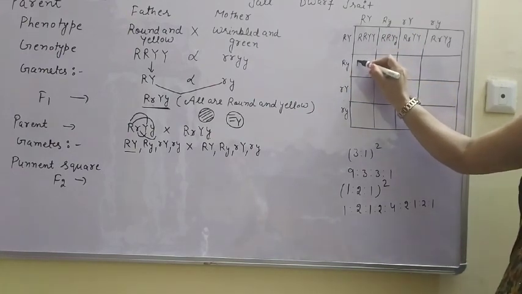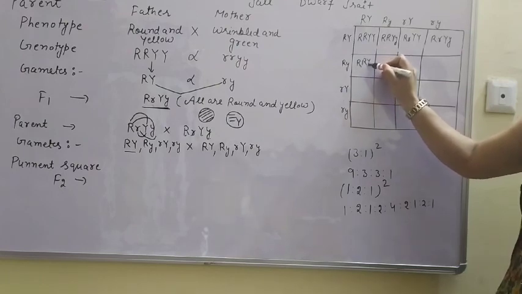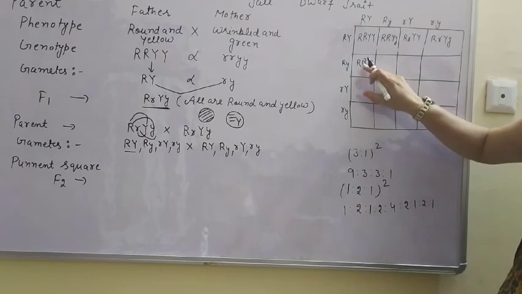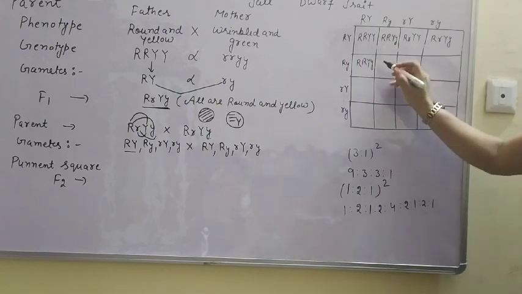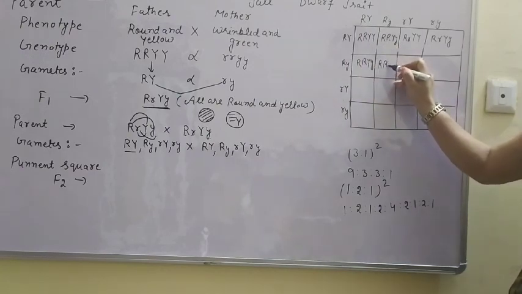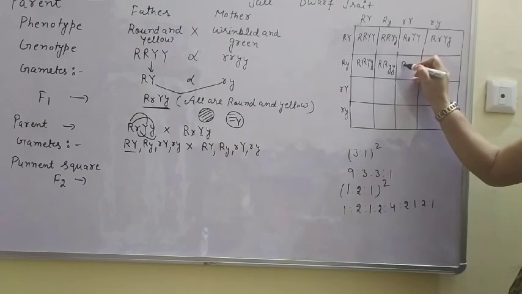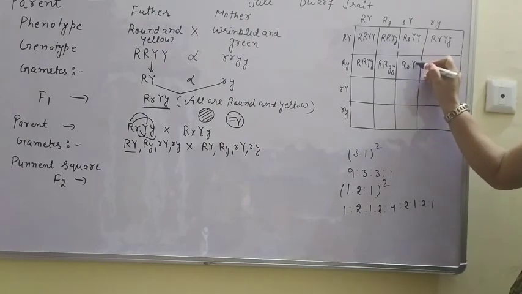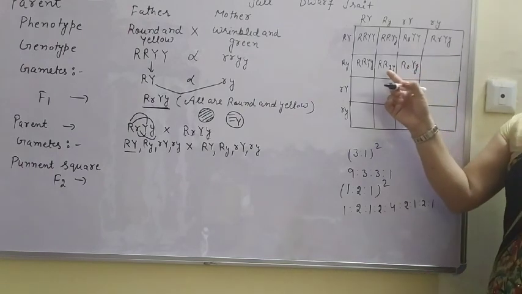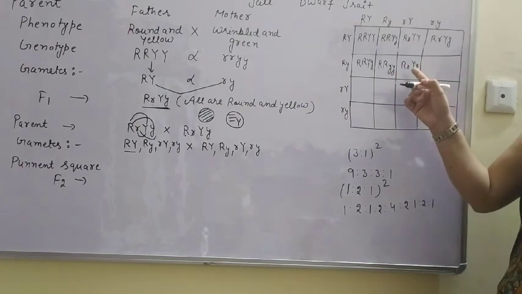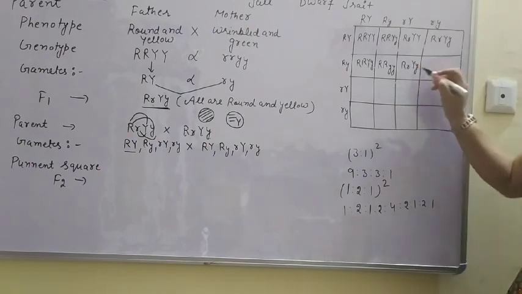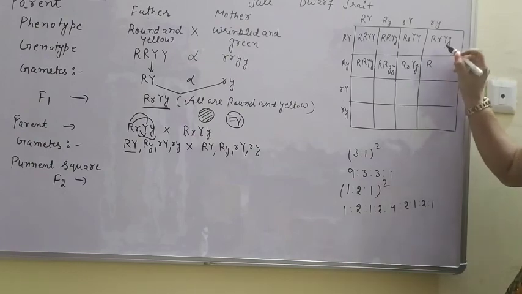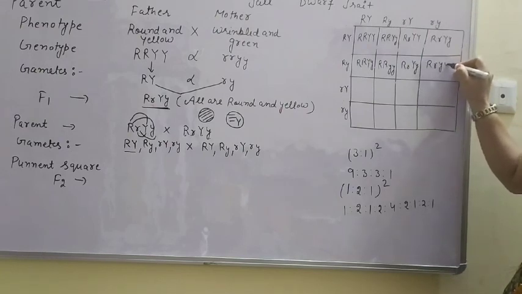Here also capital R, capital R, capital Y, small y. If I am writing here, I have to think of both of these, capital R, these two. Then capital R, small y, capital R, then small r, capital Y, small y. Writing this, we have to understand one thing, that firstly we write the capital letter, then we write the small letter. So here capital R, then capital R or small r, small y.